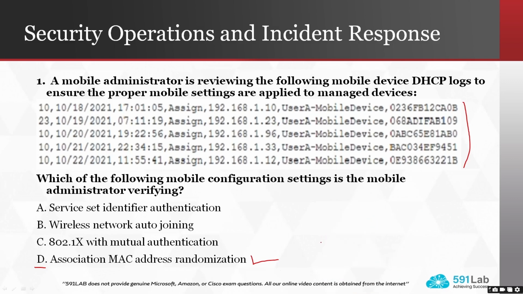MAC address randomization is a privacy feature where the device uses a different temporary MAC address for each network connection. The main advantage is that it makes it more difficult to track the device's movement based on its MAC address.